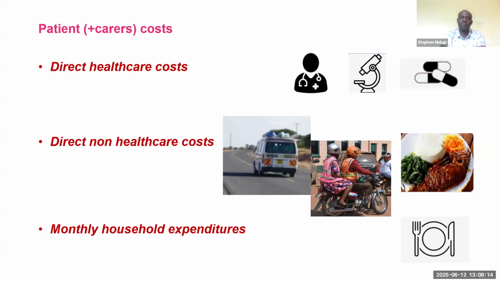This was important for the implementation, because in our settings we do have facility stockouts, and we did not want interruptions. So we are able to get this data from the procurement and finance records. But direct non-medical costs are only collected from patients, and we also collected their monthly household expenditures to be able to gauge aspects such as poverty and ability to pay. Next slide.